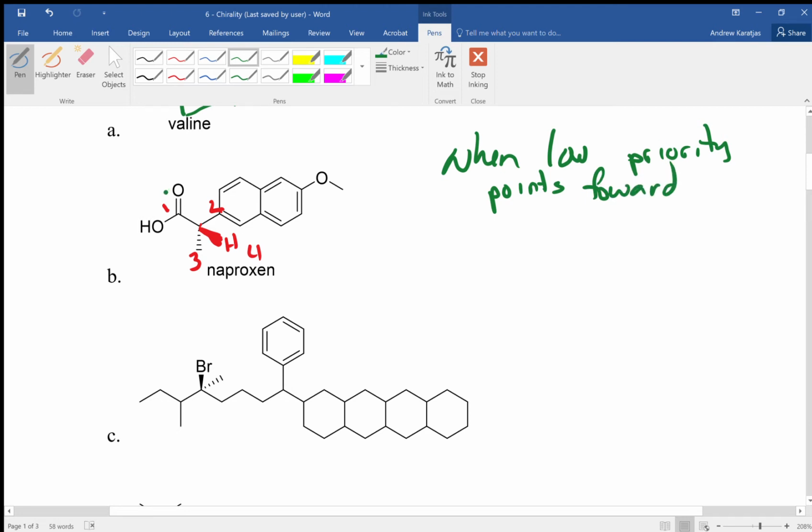I'm going to draw an arrow from 1 to 2 to 3. And that goes clockwise, which would imply R. But because the low priority is pointing forward instead of back, we take the opposite. And so this structure has S stereochemistry.